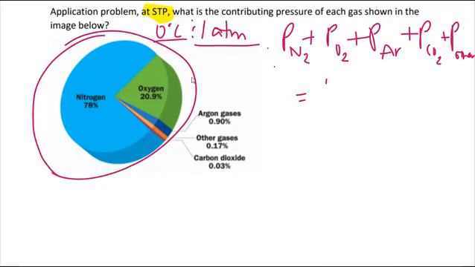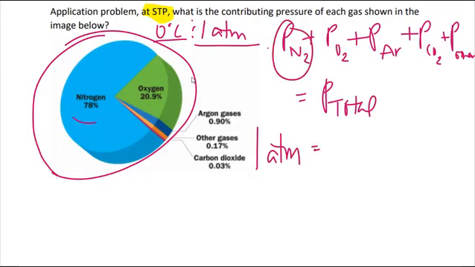And that will equal my total pressure. If my total pressure is 1, I need to figure out what all of these parts are.